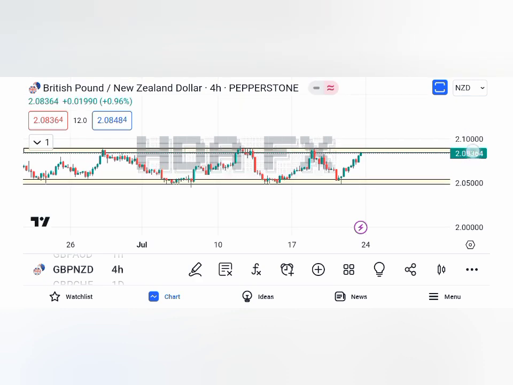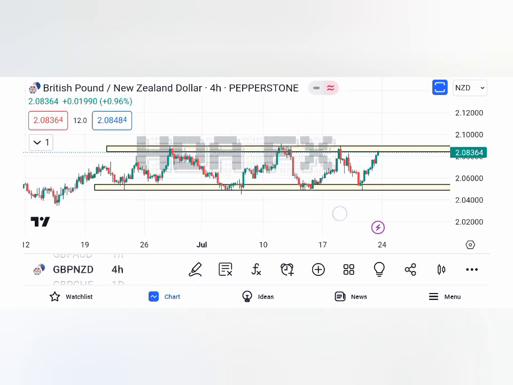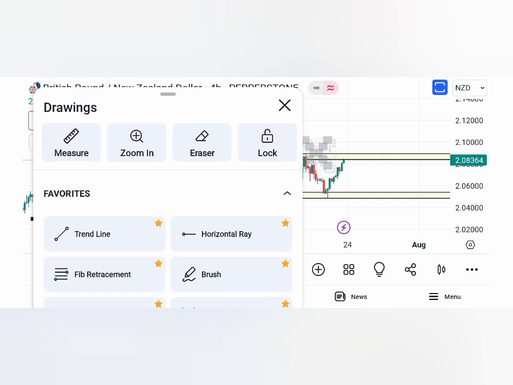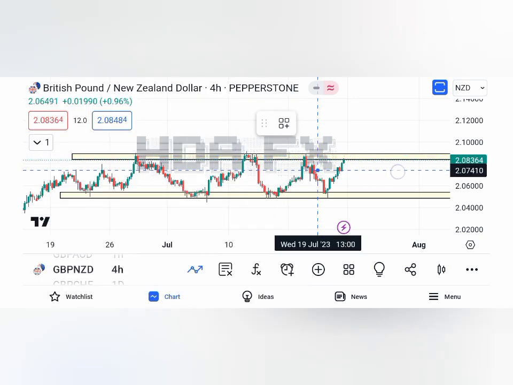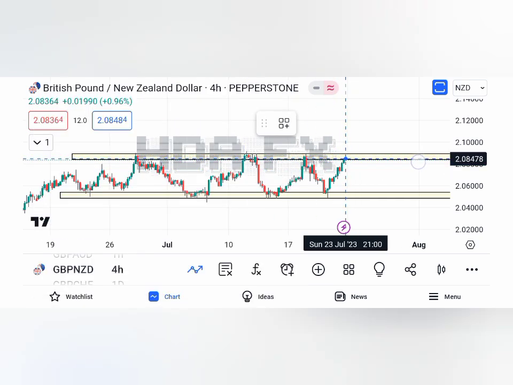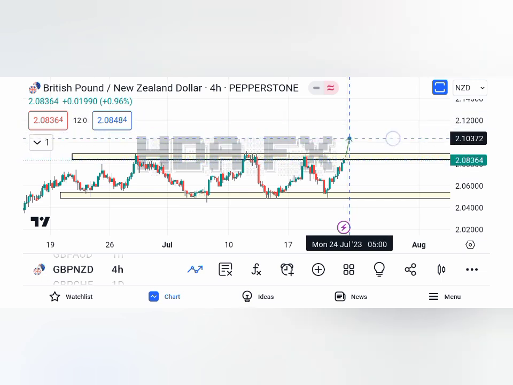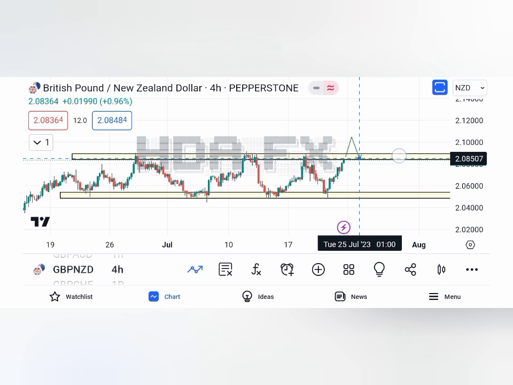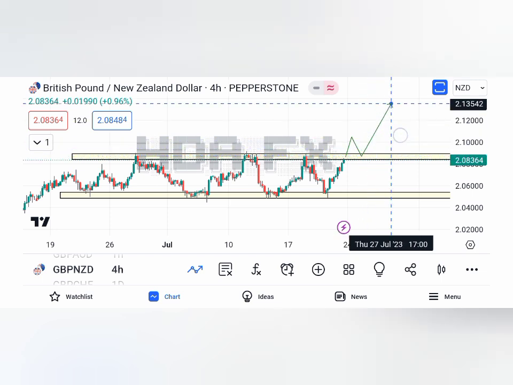Looking at the 4-hour time frame, what we need to do is study price action. We can see that price has gotten to this zone here. We need to study the price action at this very point well. It's likely that price can break out. If price breaks out, I'll be waiting for a retest to this zone here, then buying confirming candles before I buy.